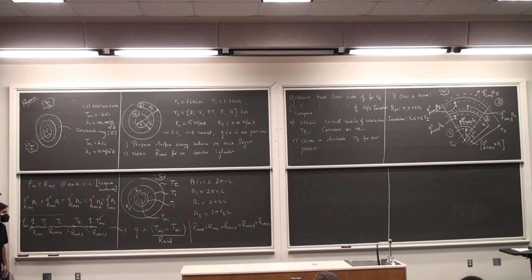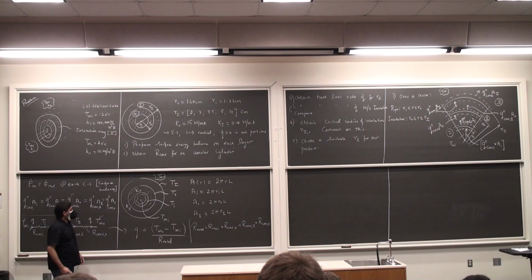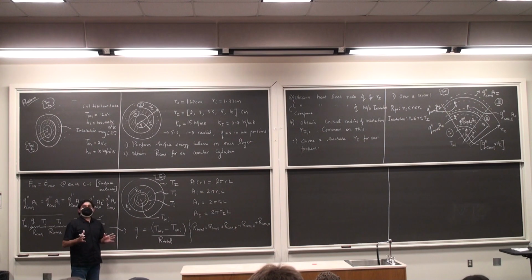And before I go in to find out this R conduction for cylindrical systems, one point I want to make. If we have a contact resistance, can you tell me where that contact resistance will make an appearance?